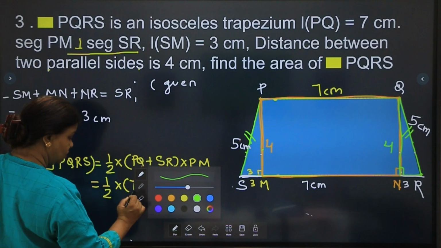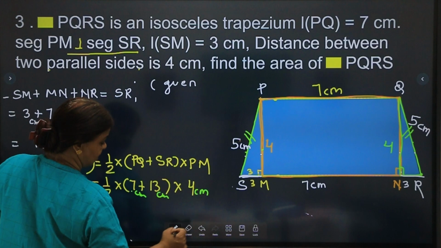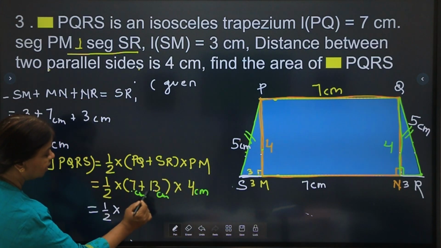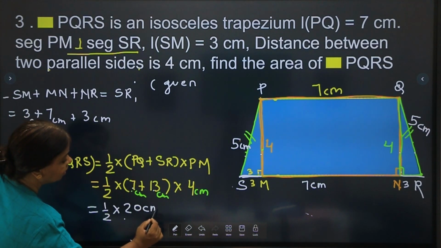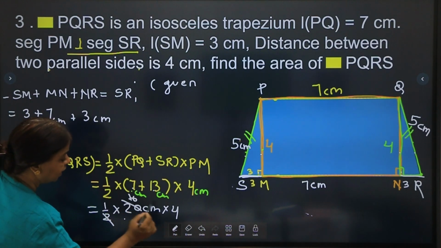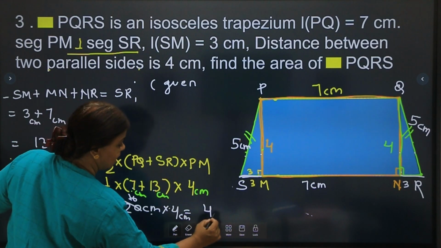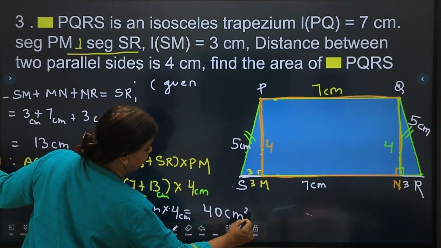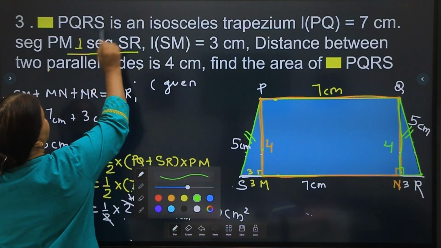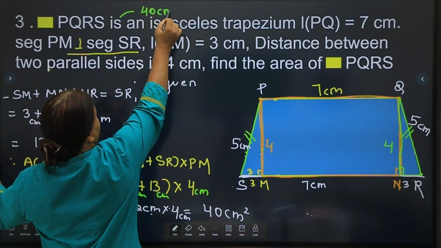All are centimeter. Now, what are you getting? Half into 13 plus 7, 20 centimeter into 4. 2 tens are 10, 10 fours are 40. So 40 centimeter square. So finally we can say that area of trapezium is 40 centimeter square.